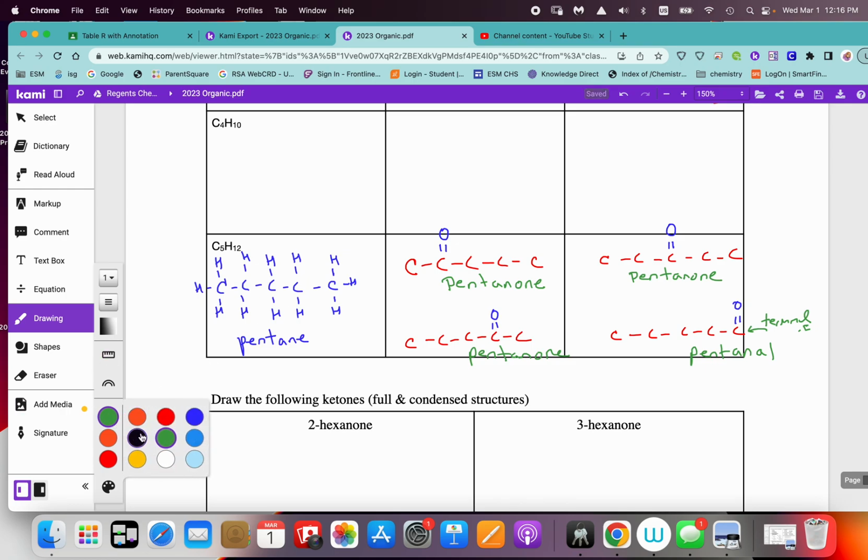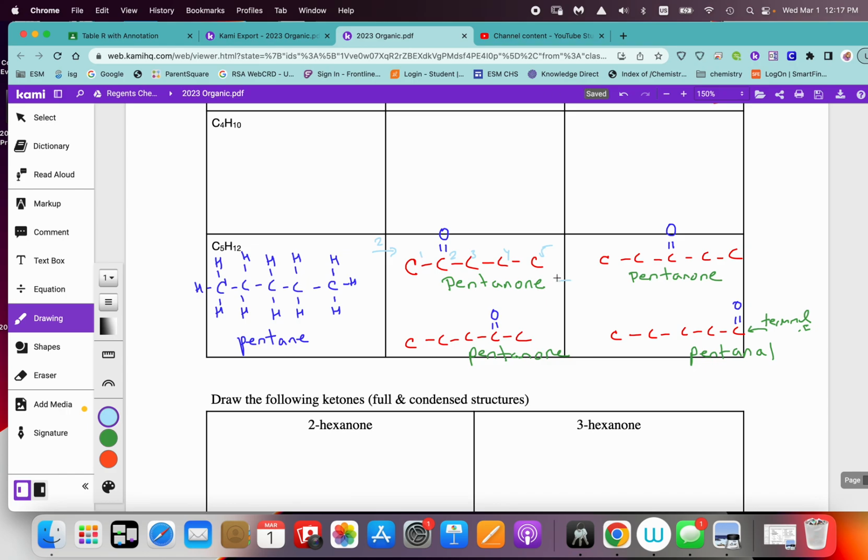So now what we have to determine here is, are these all the exact same structure or different structures? So here we go. We need to take a look here, and we need to number left to right. And when I look this way, the double bonded oxygen is on carbon 2.